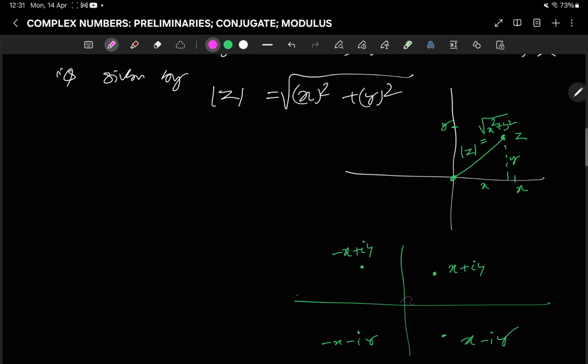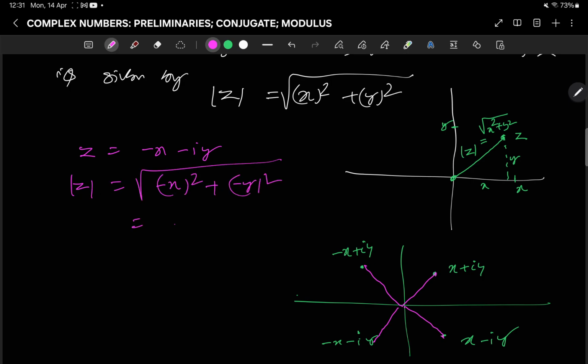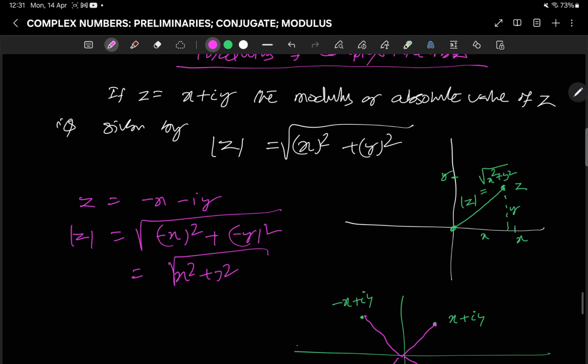So any distance I take, all these distances are the same, right? So if I take z equal to minus x minus iy, what is z mod? It is the square root of minus x square plus minus y square. This is x square plus y square root over. So this is my modulus of z. So modulus of z indicates the distance from origin to z.